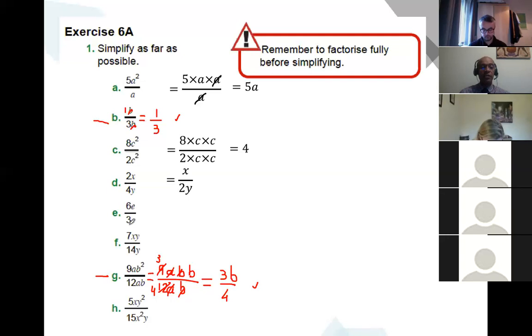Here we've got 6 divided by 3. This time we've got 6 at the top, 3 at the bottom, so it's got to be bigger than 1, so it's going to be 2 this time. And e divided by e is just 1. 2 times 1 is just 2. I've noticed they did that quite a few times, so that if you keep doing it, eventually they expect you to get the 2 in the wrong place.